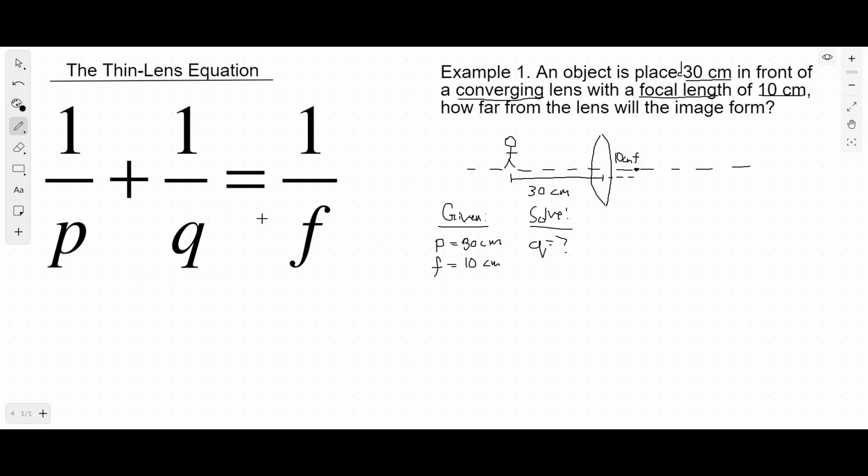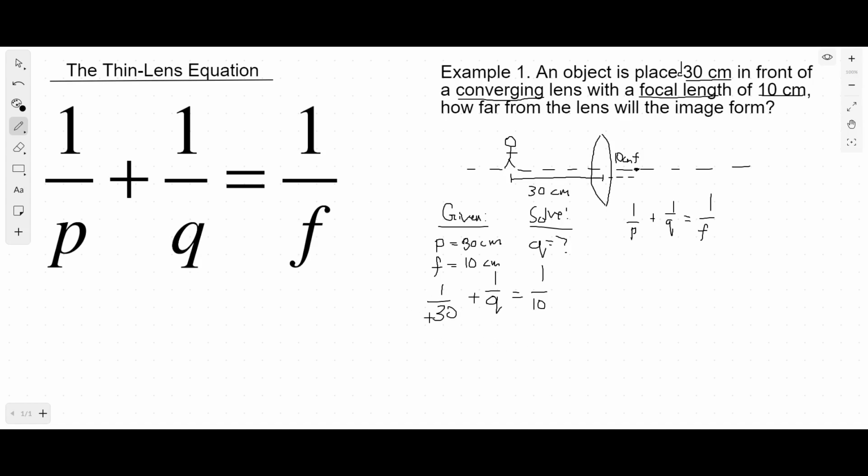Let's write the numbers in for our p, q, and f in our equation. So I'll start by writing the equation: 1 over p plus 1 over q equals 1 over f. p is 30, so 1 over 30 plus 1 over unknown value q equals 1 over 10.